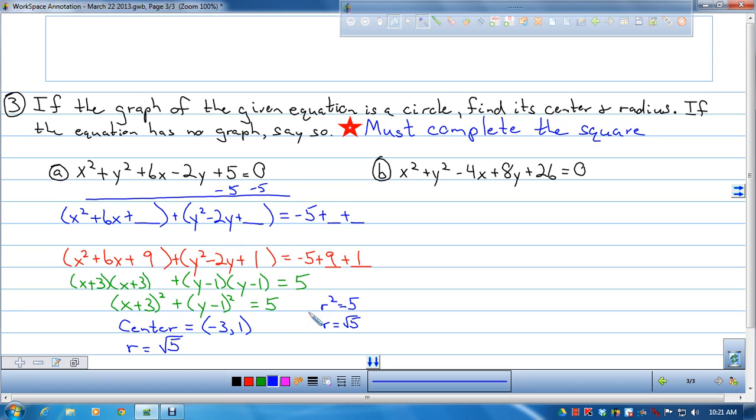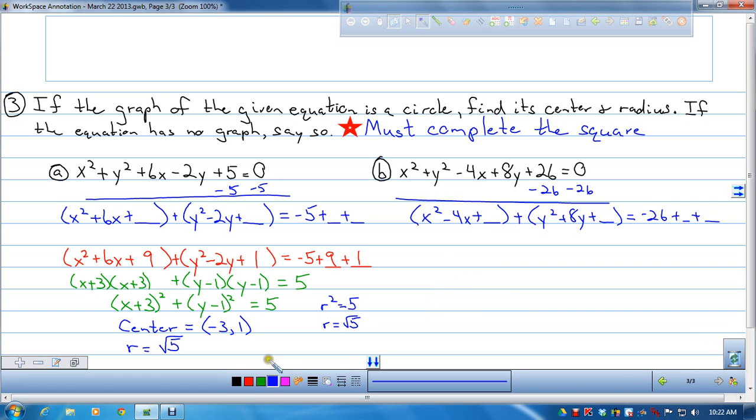Now, move on to this one. I have an x squared and an x, a y squared and a y, so I'm going to move this 26 over, minus 26, and set it up. X squared minus 4x plus something, y squared plus 8y plus something equals negative 26 plus something plus something.